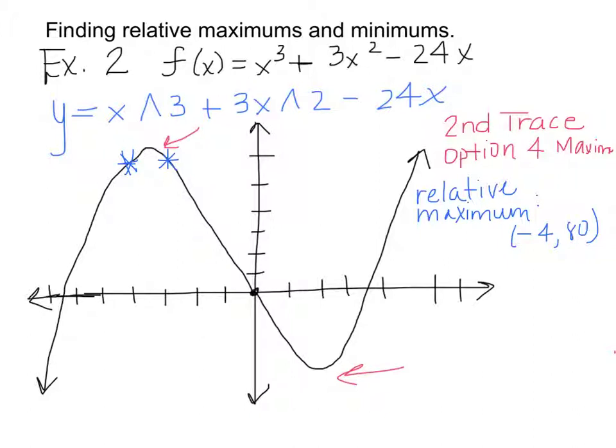You're going to go second trace. And now you want option 3 for minimum. And then you need to get on the left side and the right side of your minimum.